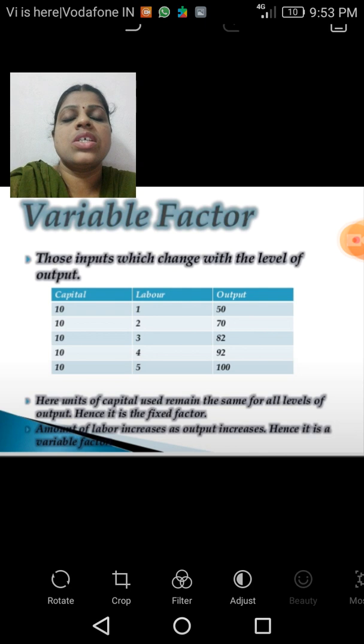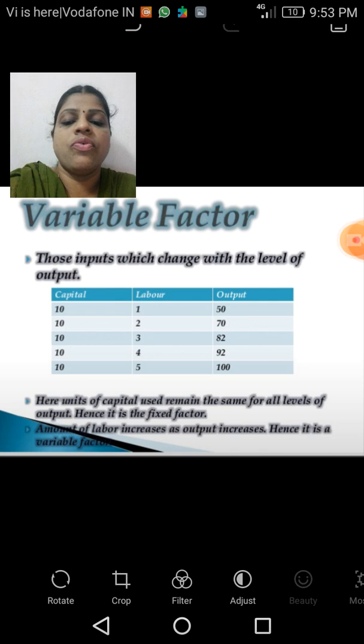So in the second stage they have added one more labor to increase the quantity of the output. So it has changed to 70. Again with the fixed factor capital at 10 units, they have added labor, making it 3. So the final output has changed to 82 units.